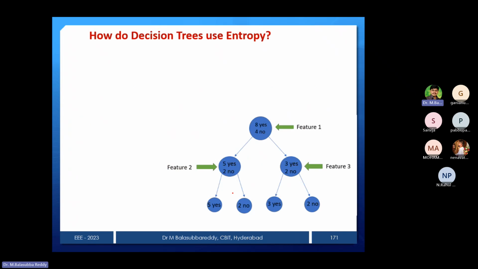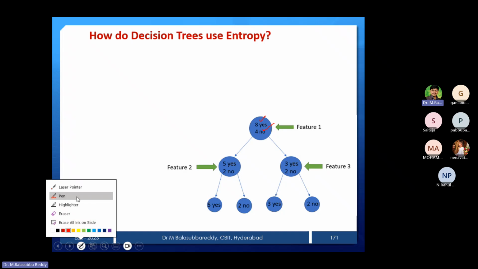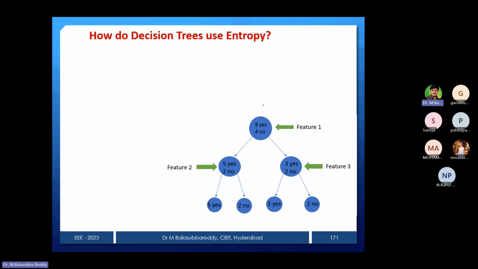Now we can see the division. Feature 1 is the root node. We have 8 yes and 4 no. Like that, many features may be there. I consider the first one as feature 1, and let it be the root node.